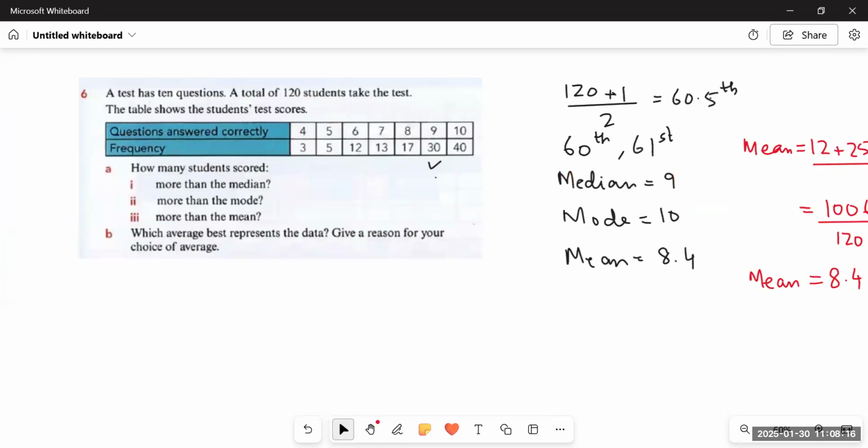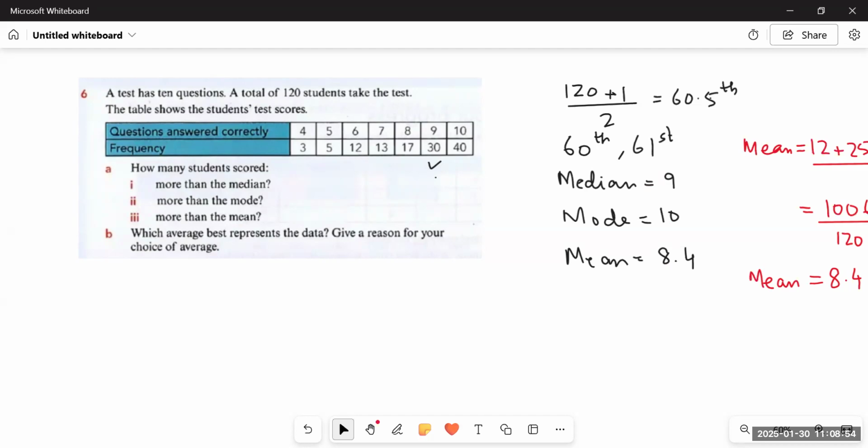So it's the mode that tells us which number of questions are answered correctly how many times. It tells us that three students answered four questions correctly each, five students answered five questions correctly, then 12 students answered six questions correctly each, and then 13 answered seven questions correctly each, and at last we have 40 students who answered all 10 questions correctly.